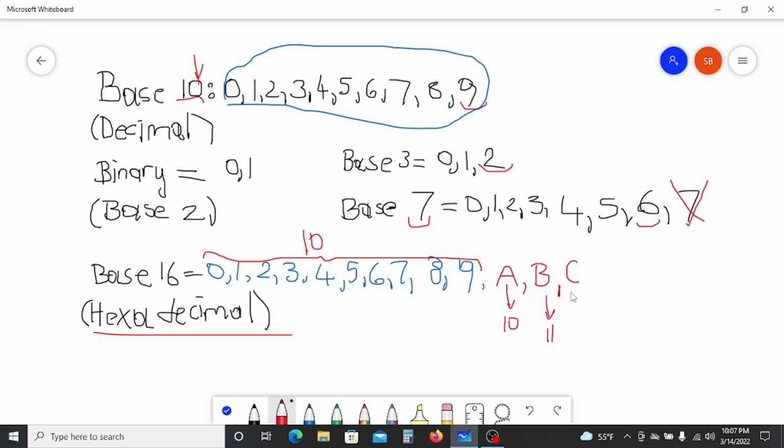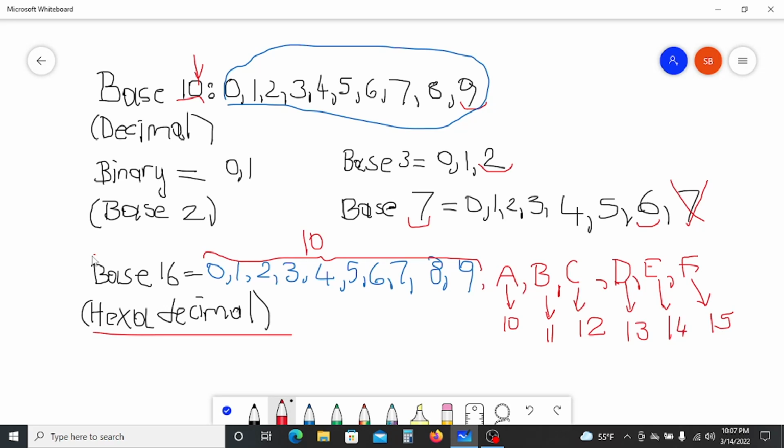C, this is 12. And D, this is 13. E, this is 14, as you guess. And F is 15.